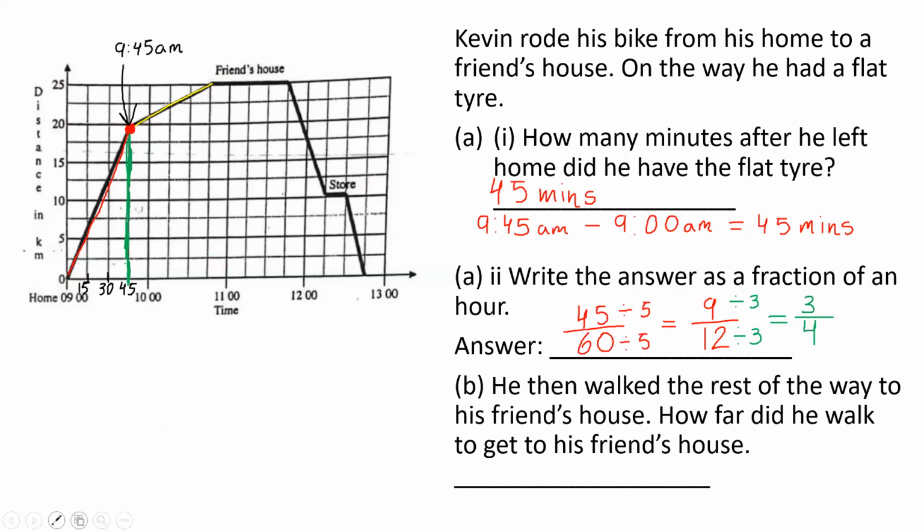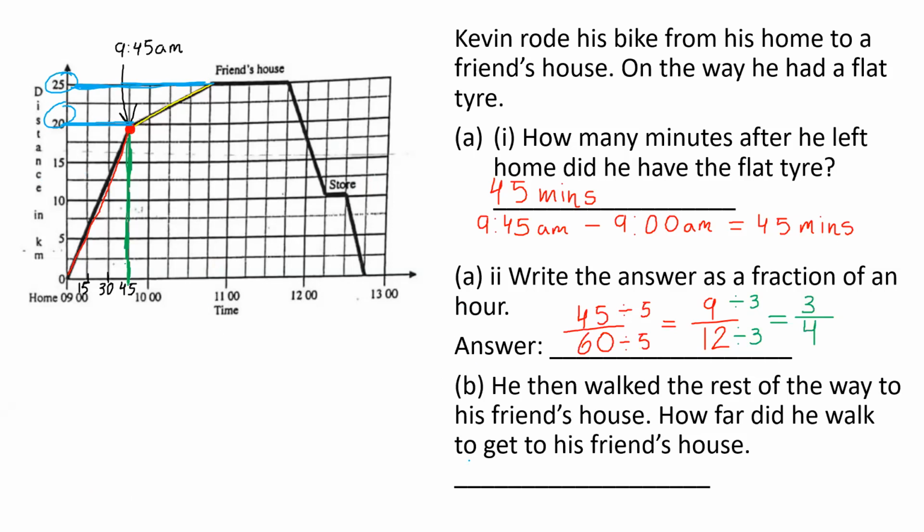Now, for those of you who don't understand, the reason why we're subtracting is because look carefully. At 20 kilometers right there, that's where he had the flat tire. At 25, that's where he reached his friend's house, right? So we're going to take 25 and 20 and subtract to find out the distance between when he got his flat tire and when he got to his friend's house.